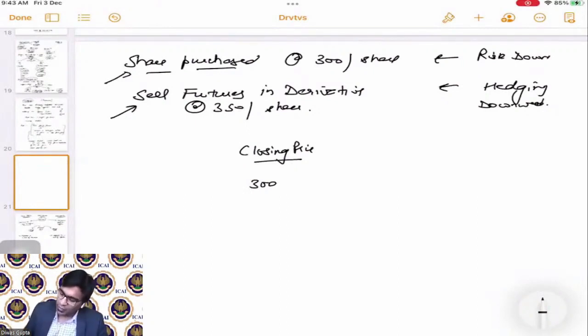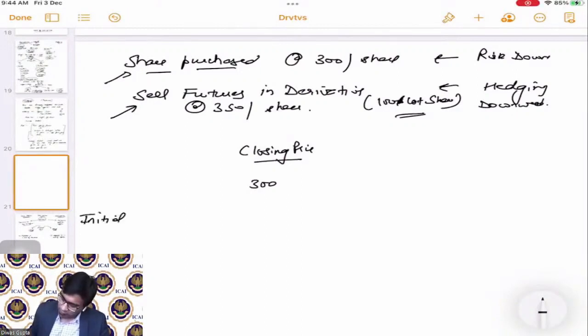Can we see the initial payoff? I'm assuming 1000 lot size here, for both shares and futures. Okay, let's assume 100 only. Now the initial payoff: while we have purchased these 300 shares in the equity market, the spot market, we would have paid 30,000 on that.